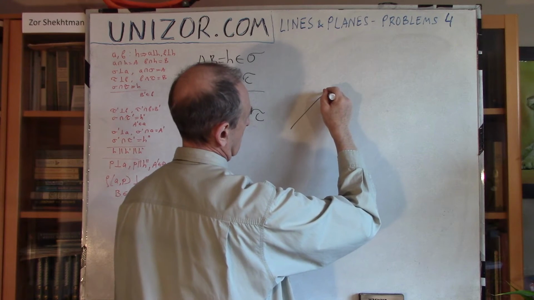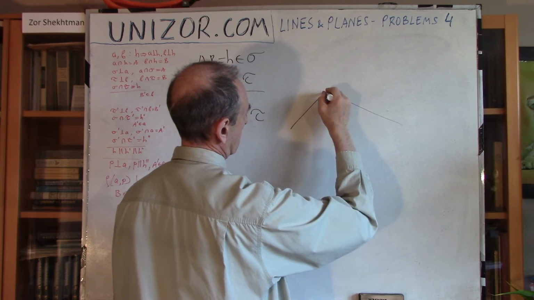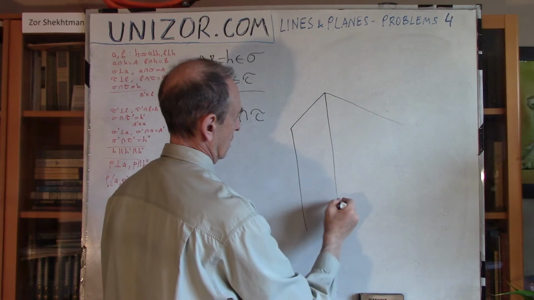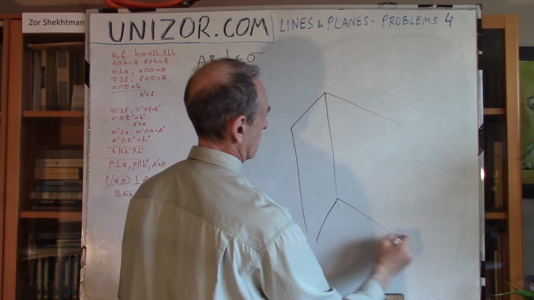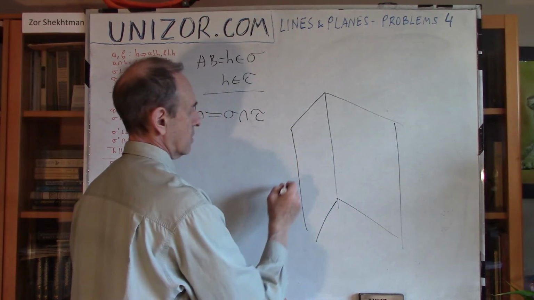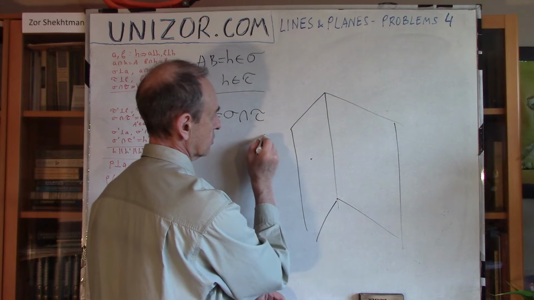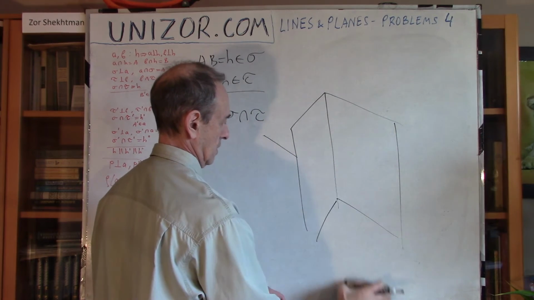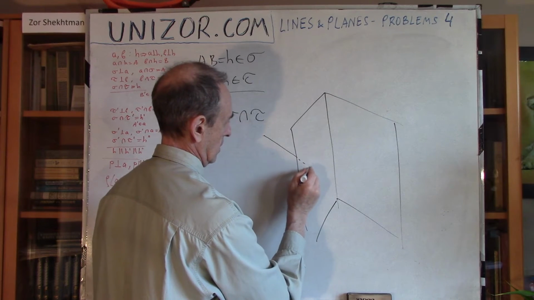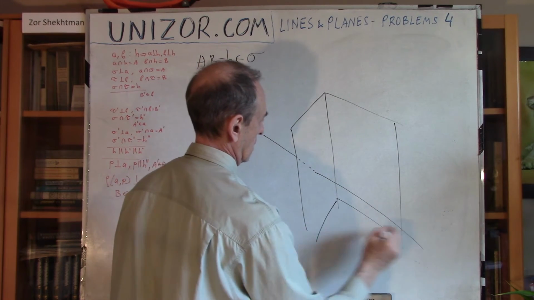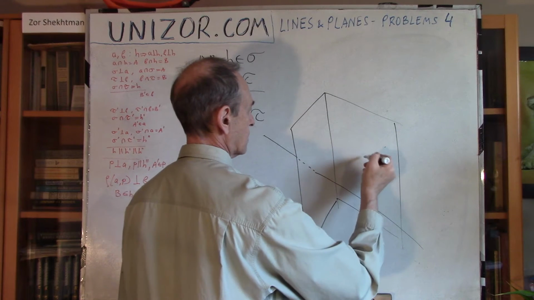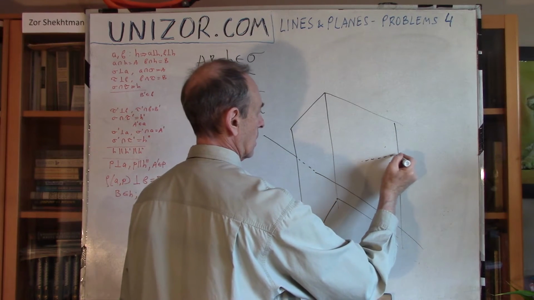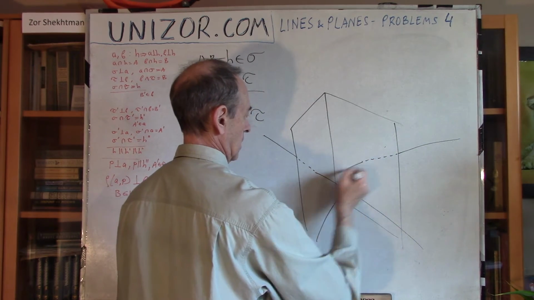That would be one plane and that would be another plane, and this would be their intersection. Now this plane is perpendicular to this line, and this plane is perpendicular to this line.